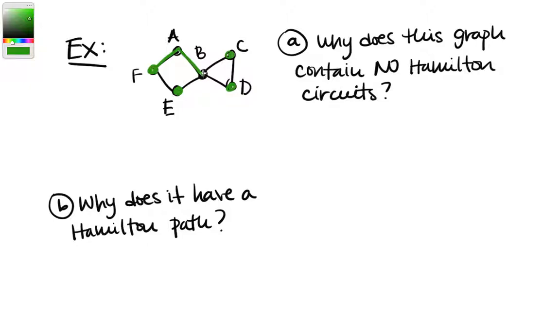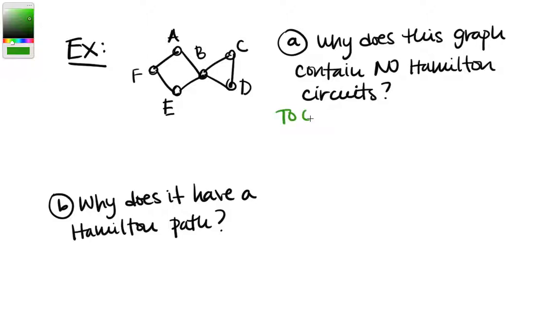So from B, if we go up to hit C, well, we can't come back through to get to this other side of the graph. And similarly, if from B we go down to E, there's no way for us to get back to hit the vertices on this other side of the graph. So let's write that out. It contains no Hamilton circuits.